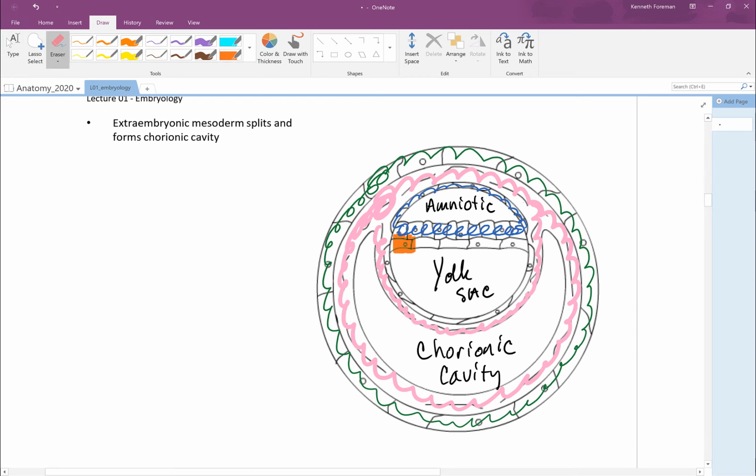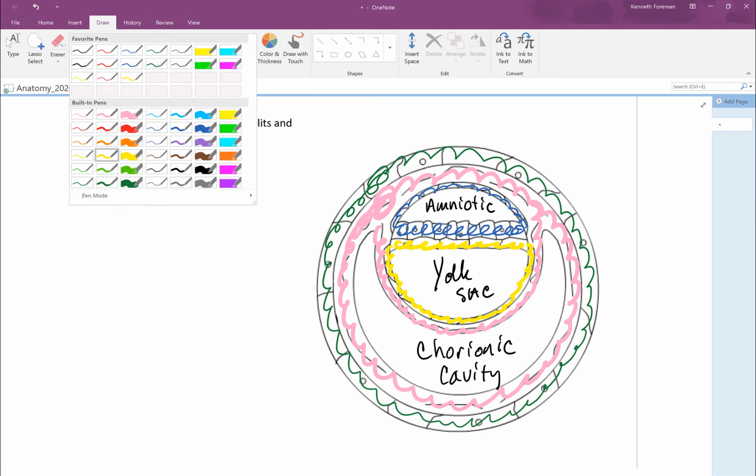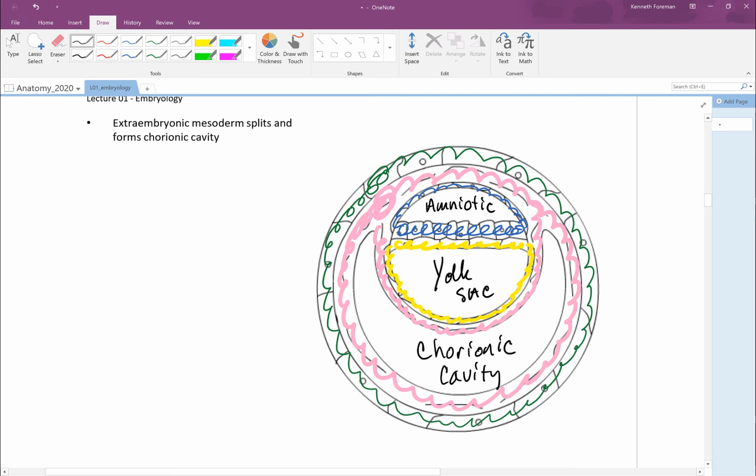Oh, wrong color. And hypoblast. Now, instead of concentrating on these three cavities, we're actually just going to look at this one right here.